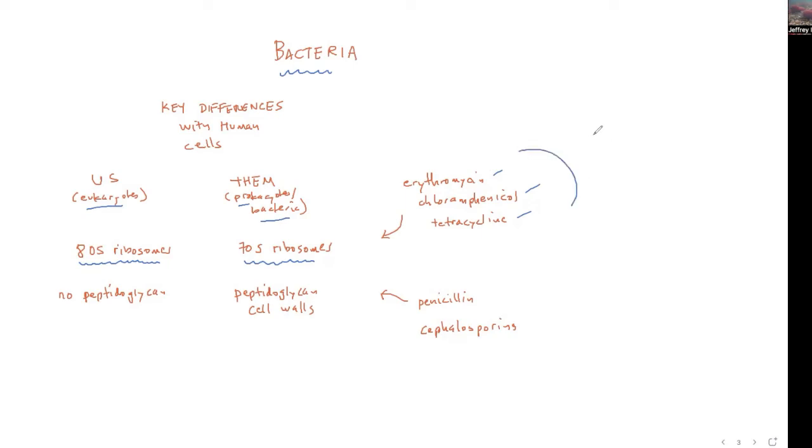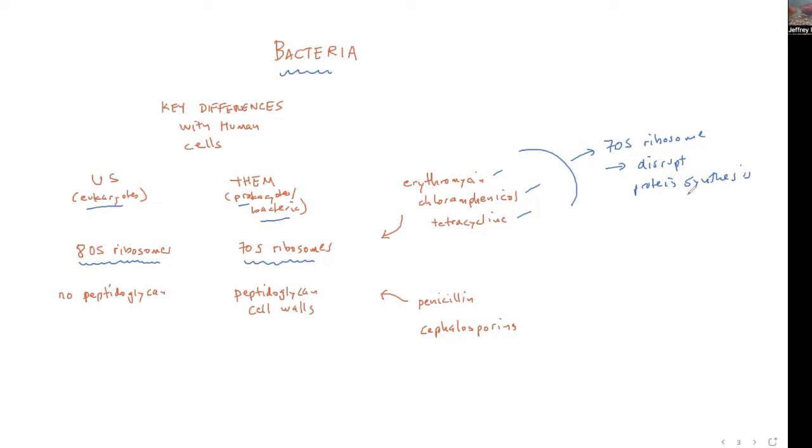All of these things are going to be making 70S ribosomes do things that they're not supposed to do, right? They cause malfunctions in 70S ribosomes, which will disrupt protein synthesis, making the cells unable to divide, right?